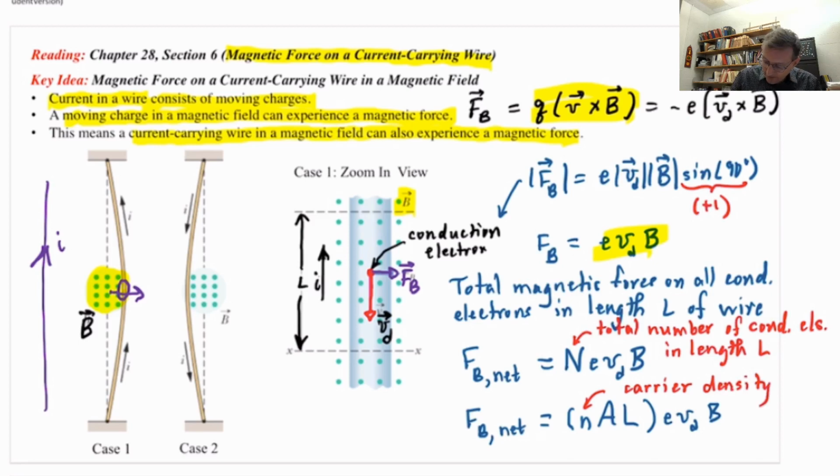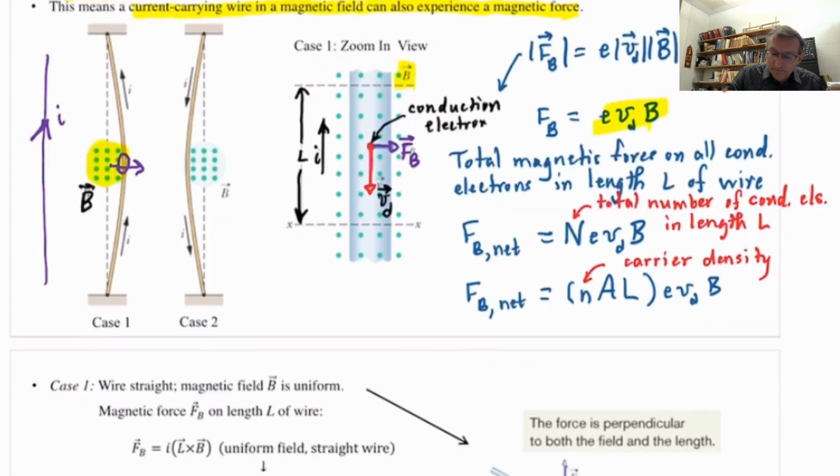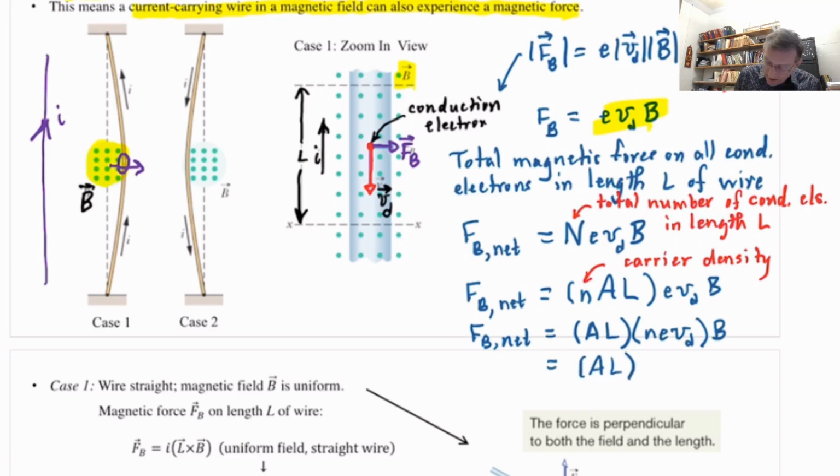All right, now let's go down here a little bit more. Now I'm just going to do some grouping. I'm going to take the cross-sectional area of the wire times the length L, and then I'm going to gather together the carrier density, the charge magnitude of the carriers times the drift speed, and then B. So those things are all multiplied together. I'm just grouping them in a certain way, because the quantity in the middle set of parentheses is the magnitude of the current density, J, in the wire.